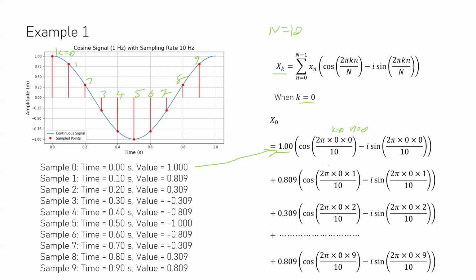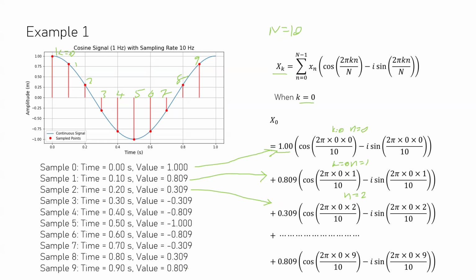And when n is equal to 1, and here always k is equal to 0, since we are finding capital X0, the value is 0.809. And here this is for n is equal to 2. So the value is 0.309 for small x n.